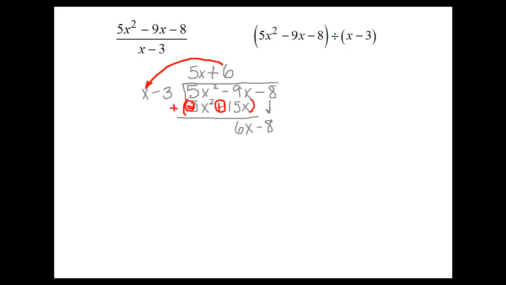We're going to do that again, but just with the new term that we've put in our quotient up here. So it's just that 6 that's going to be distributed times the x and the minus 3. When I do that, 6 times x will be 6x, and then 6 times the minus 3 will be minus 18.